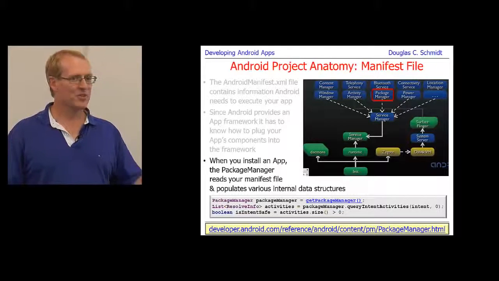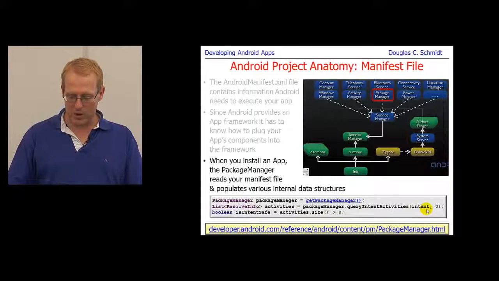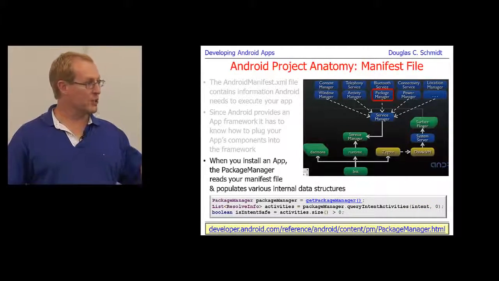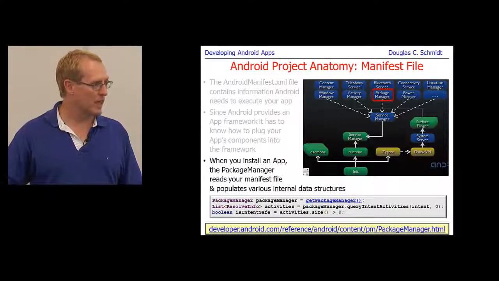So for example, for the programming assignment that's due tonight, if you take a look at the way you're recommended to check to see whether or not your phone installation can handle geo-intents, you'll see that you use this package manager query intent activities method, and you pass in the intent you'd like to be able to send out, and it will come back and let you know whether there's anybody who knows how to handle that.